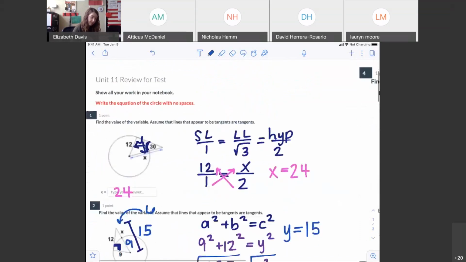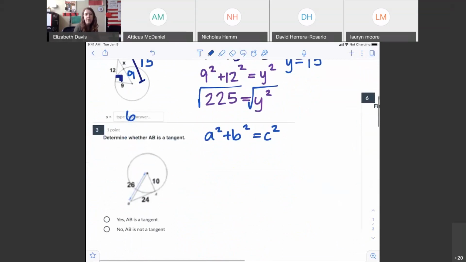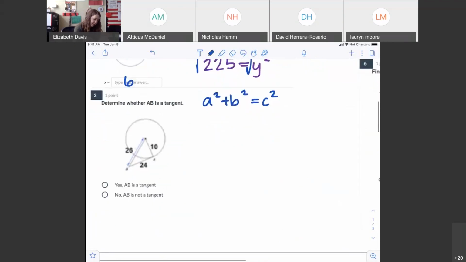Number 1 was 24. So in number 3, which one's going to be C here? Yeah, C is going to be 26 because it's the longest side, or it's the side across from what could be the right angle. And we'll use those other two, 10 squared plus 24 squared.